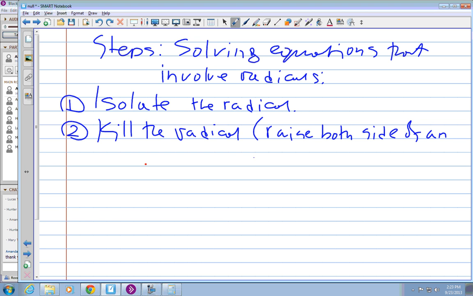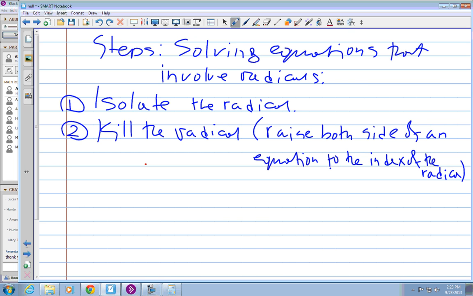of an equation to the index of the radical. Which means if you have a square root, square both sides. If you have a cube root, cube both sides. If you have a fifth root, raise both sides to the power 5.